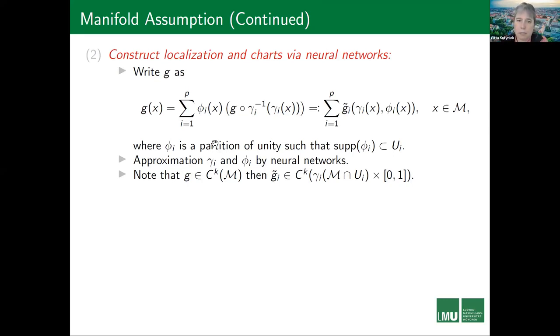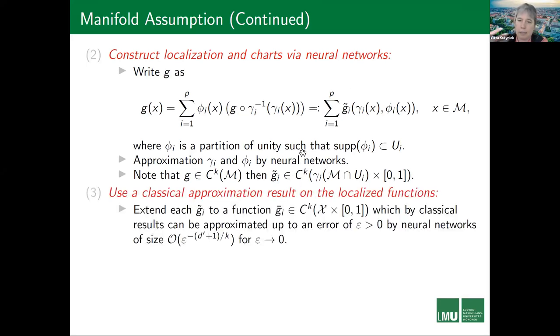And remember that since G is in C^k, these functions here are also in C^k, so I can approximate those well, because there are results from approximation theory for neural networks that I can extend to a function on this space X, and then I can approximate it with a neural network of this size.